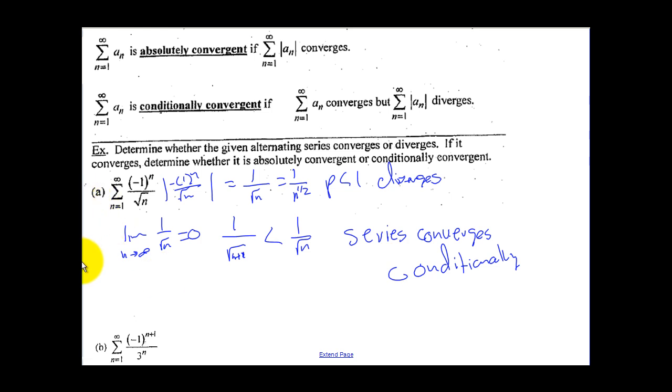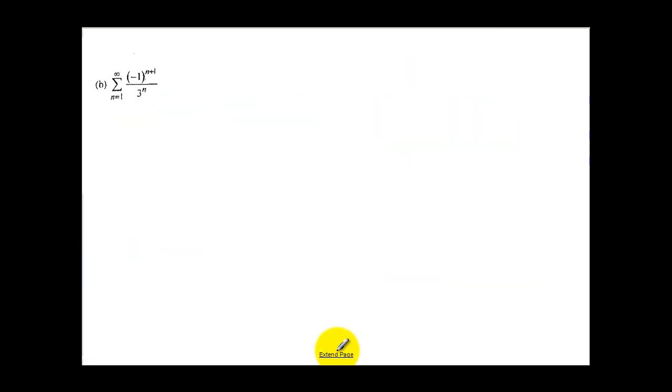Let's look at the next example. We're going to take the absolute value of the original series, and then all of those negative ones become positive. So we have 1 over 3 to the n. This is a geometric series where a is 1/3, and r is also 1/3, which is less than 1.